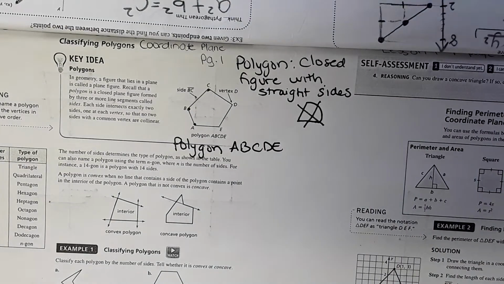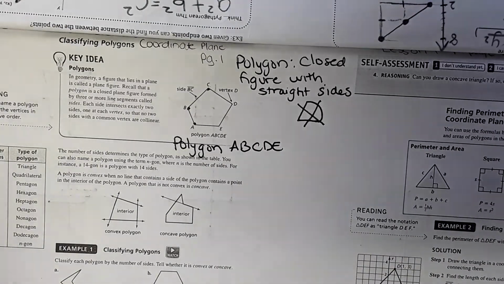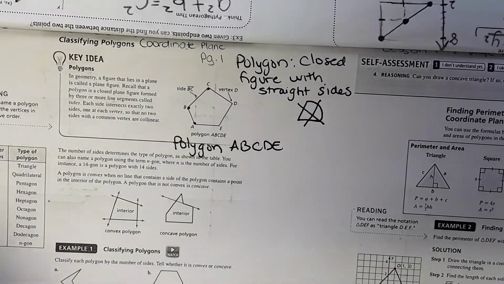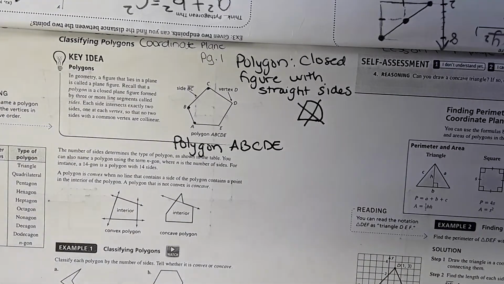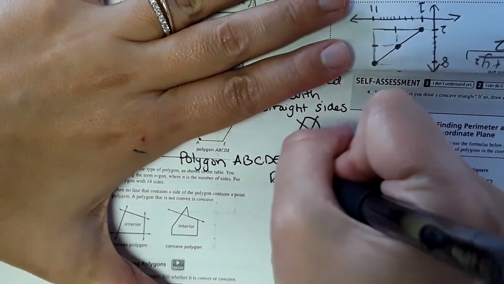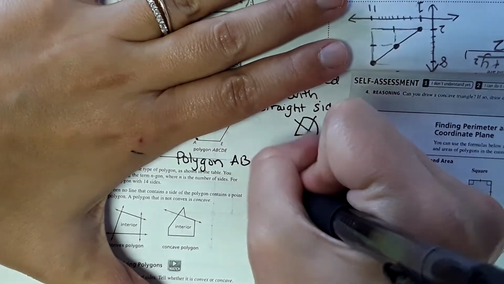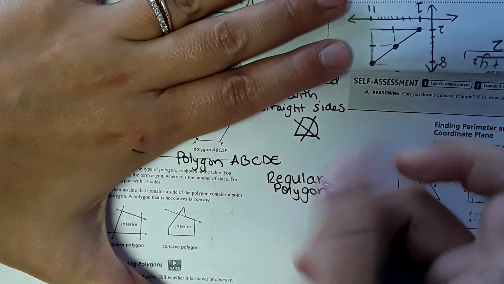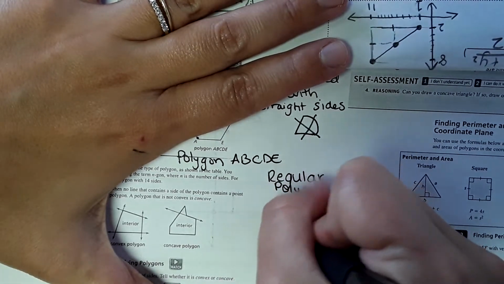Another thing that you need to note that actually isn't on these notes, but it was covered in the last textbook and it comes up later on with different questions. A regular polygon versus an irregular polygon.